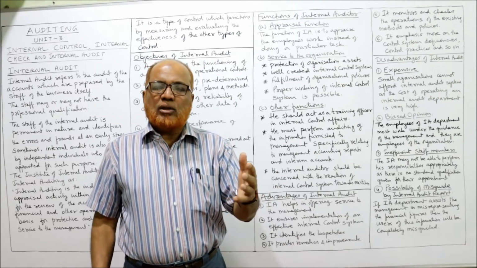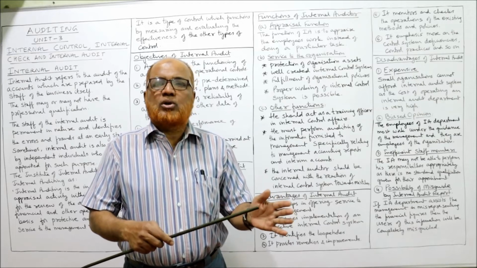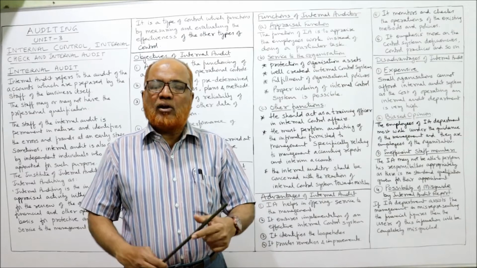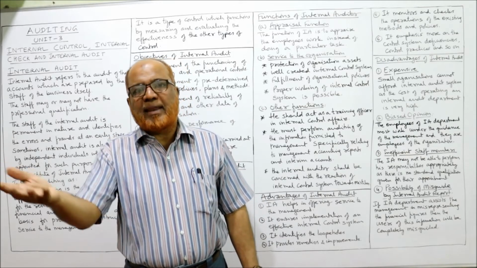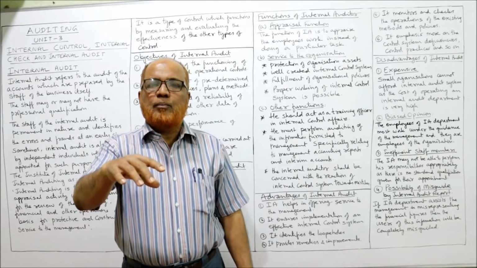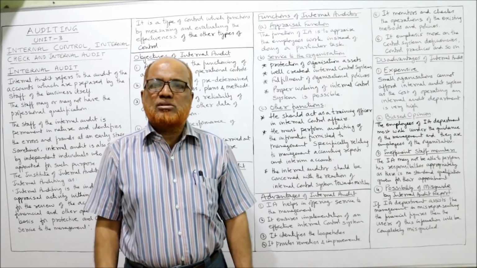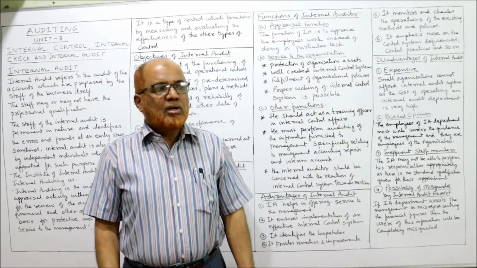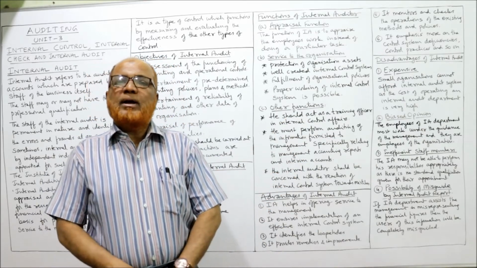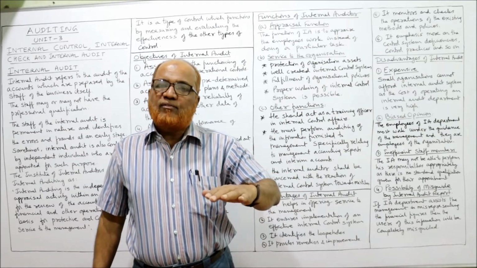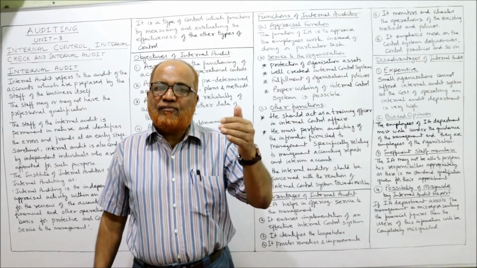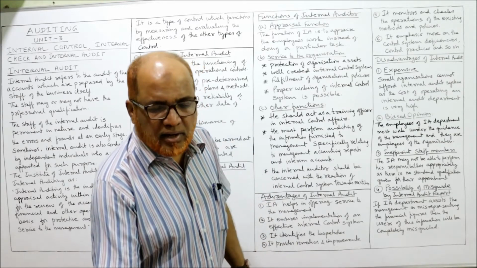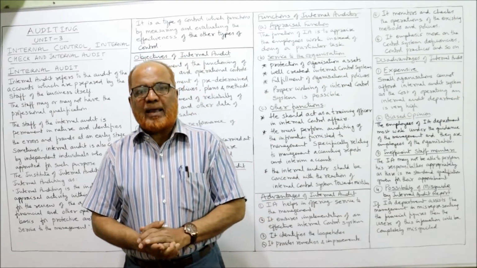The action taken on the basis of the internal audit report may be wrong. For example, if the internal auditor has made a biased report to the management, and on that biased report the management has taken some decisions, all the decisions may go wrong because the report itself is wrong. So these are some of the disadvantages. But advantages of internal audit far exceed disadvantages. That's why this internal audit is very, very helpful to the management.